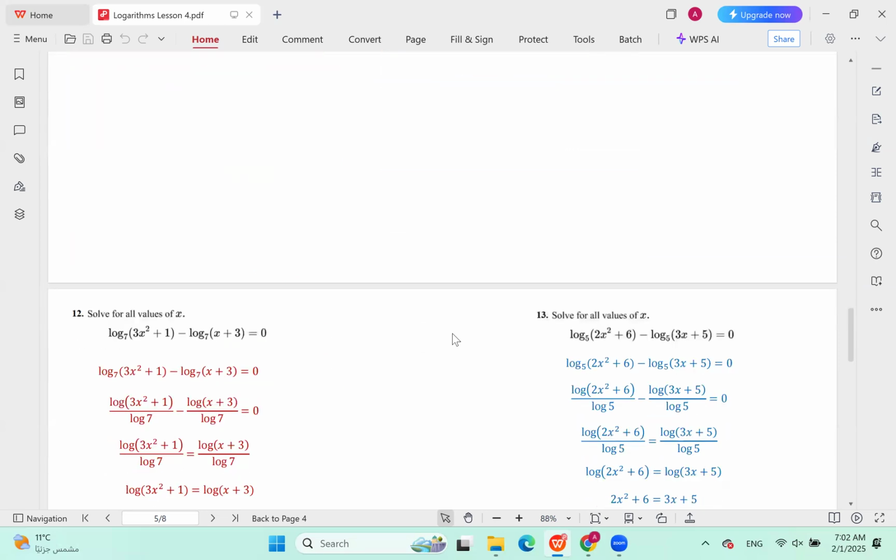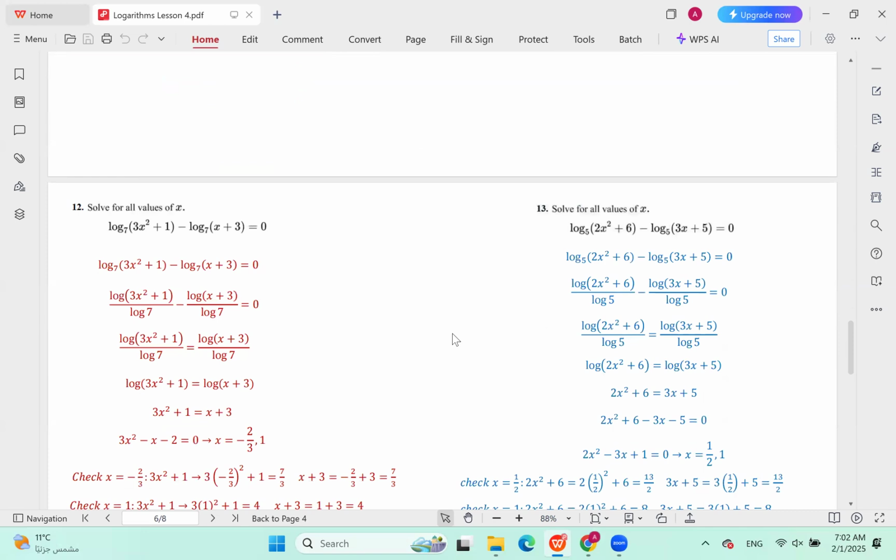So in this question on the left, we have log base 7 of (3x^2 + 1). I'm going to immediately write that as a fraction. So log(3x^2 + 1) over log 7, minus log(x + 3) over log 7.